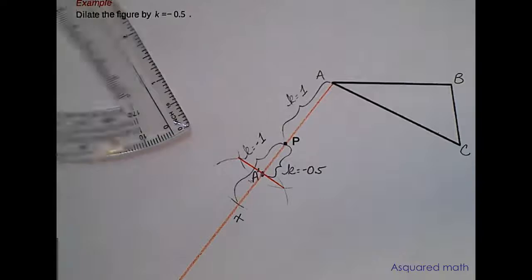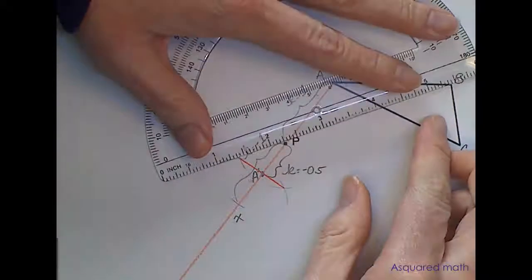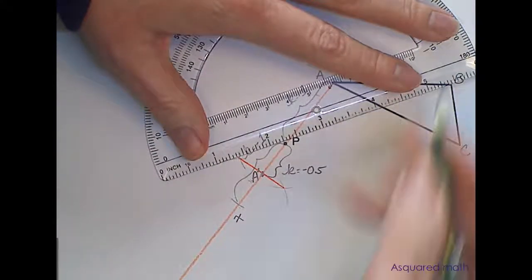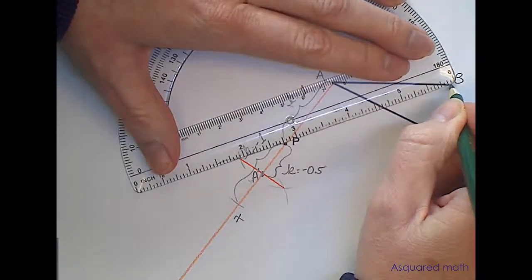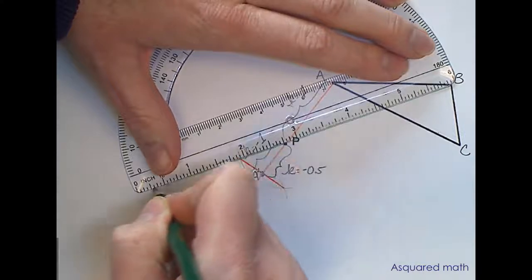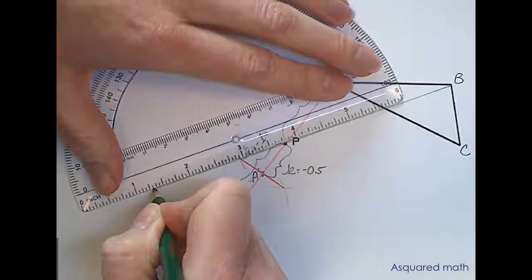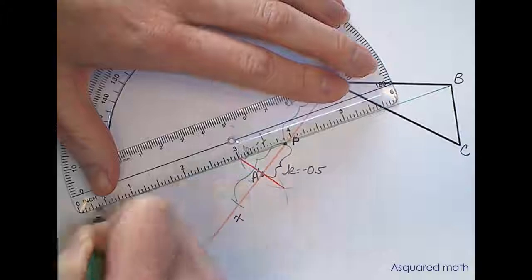We're going to repeat this process for all the points, B and C. Connect B to P, extend past P. I have to move my ruler down a little bit. I don't think I have enough room there.